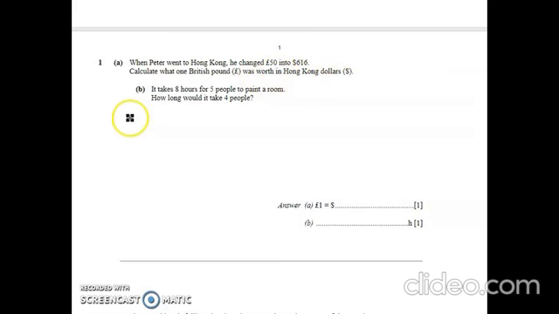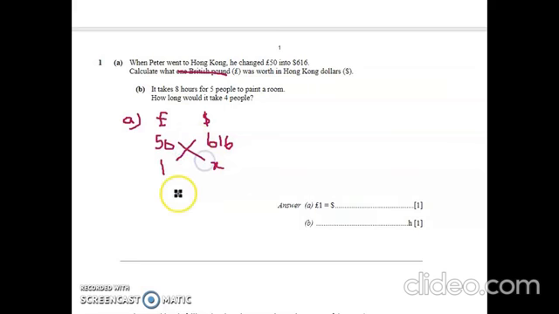Okay. So basically for part A, we know pound and dollar. So we know that 50 pounds are for $616. Okay, we need to find 1 British pound. So we will write 1 pound over here and this will be taken as X. Alright, and then always in currency questions we will cross multiply.